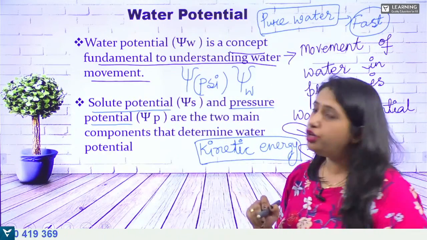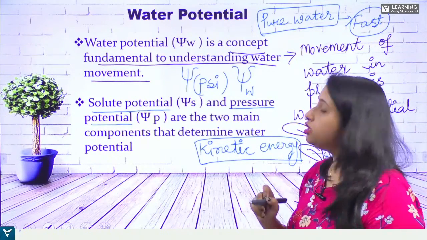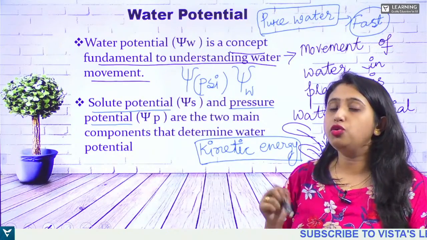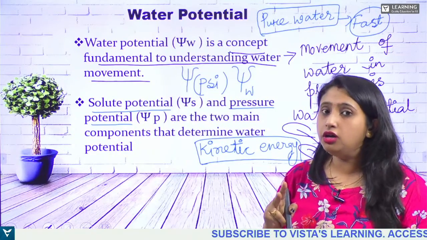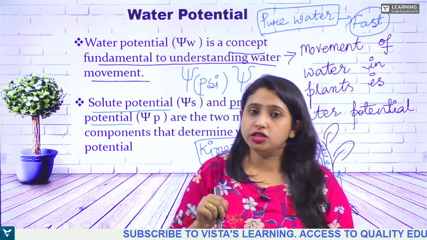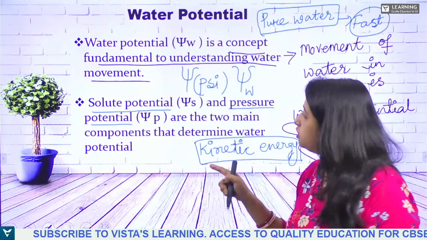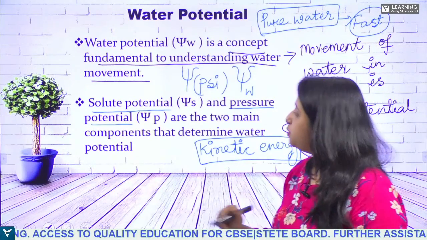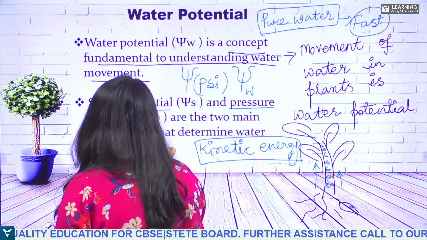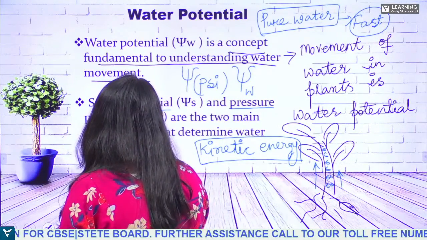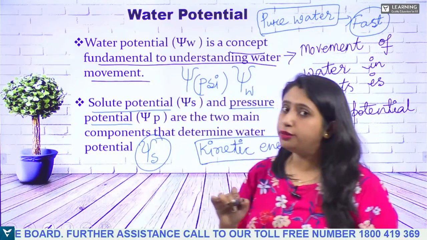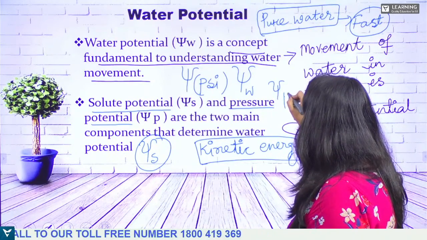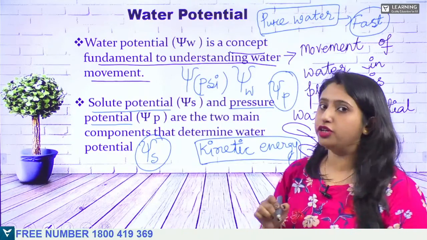So these are the two important components that determine the water potential: one is solute potential and another is pressure potential. Clear? The symbol for solute potential is psi S, and psi P is the symbol for pressure potential.